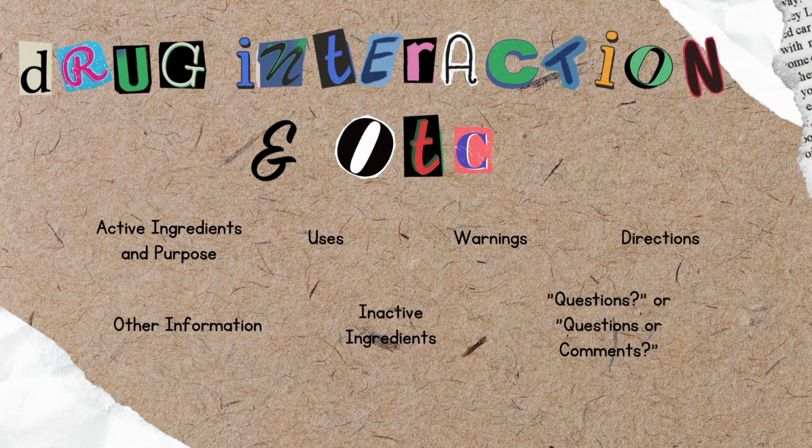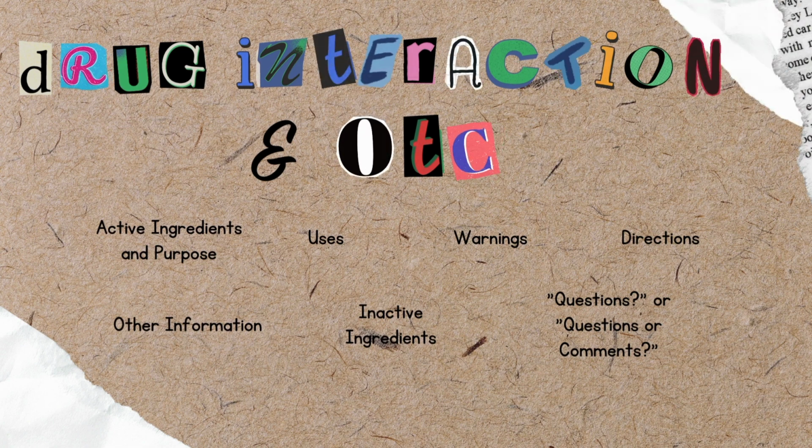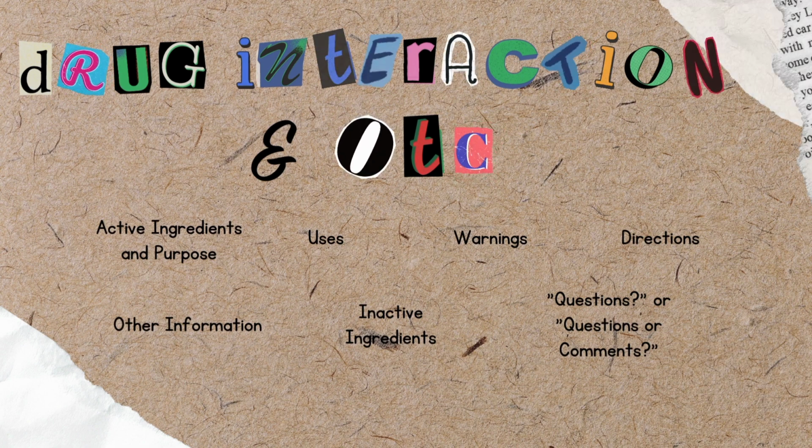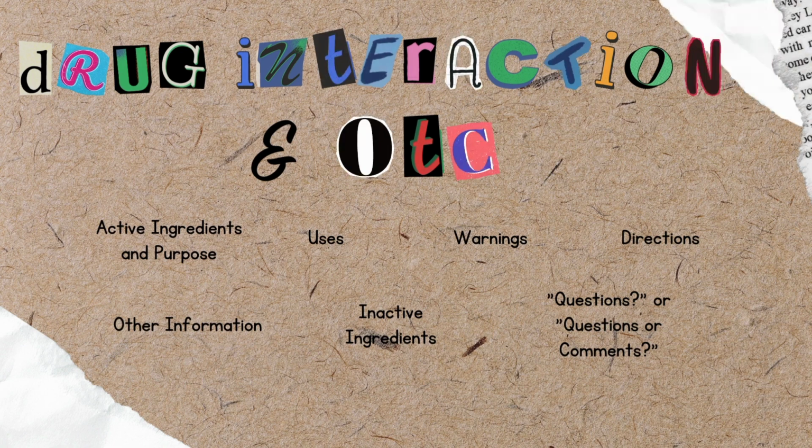The directions section of the label tells you the length of time and the amount of the product that you may safely use, and any special instructions on how to use the product. The other information section of the label tells you required information about certain ingredients, such as sodium content for people with dietary restrictions or allergies.